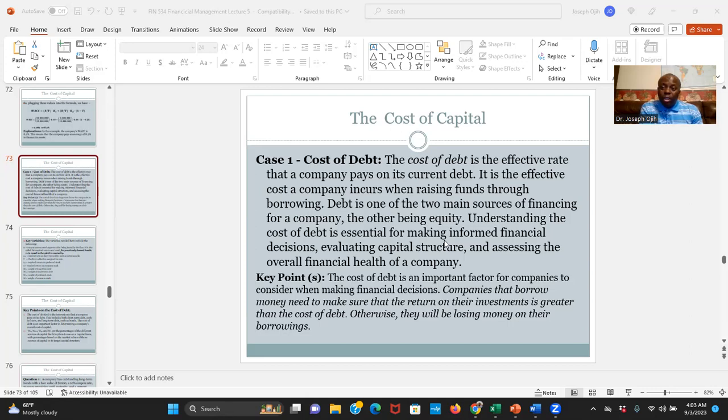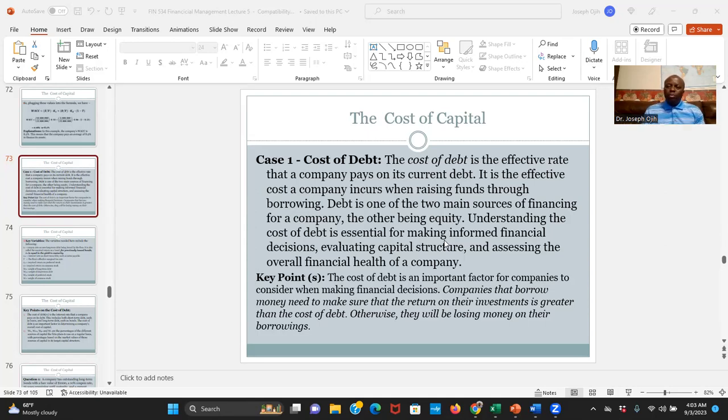Now, when we say the cost of debt, we are referring to the effective rate that a company pays on its current debt. In other words, the cost of debt means the effective cost a company incurs when raising funds through borrowing. Usually, as you know already, there are two ways a company can raise funds, either by borrowing through line of credits or through loans, or by selling equity.